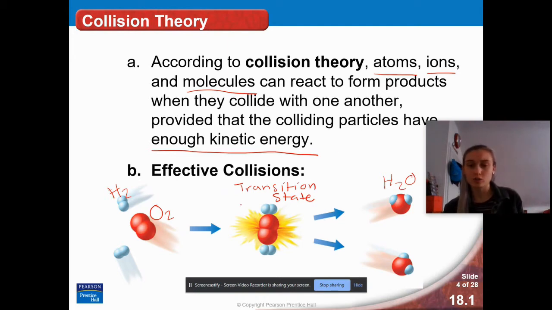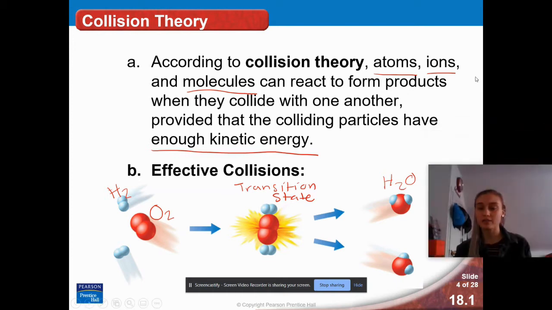It's just the transition from these two molecules to these molecules, which are different. Okay? The basis of collision theory is that you have your reactants, which can be atoms, ions, or molecules. In this case, they're molecules. And they can react to form products, but they have to have enough energy when they collide to make something new.